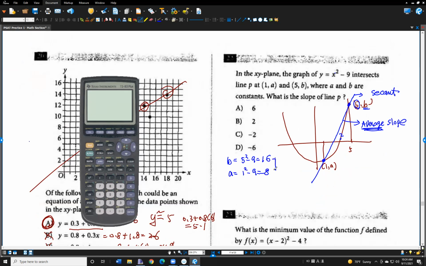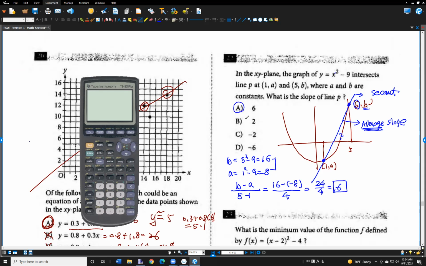That is the change in y. So b minus a over change in x, which is 5 minus 1. That is the average slope. b is 16, a is negative 8, over 4. 24 over 4 equals 6 is the answer. That is okay.